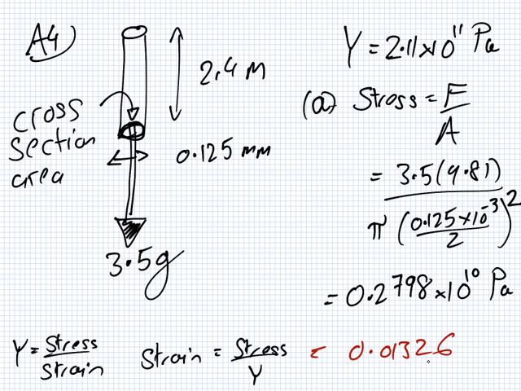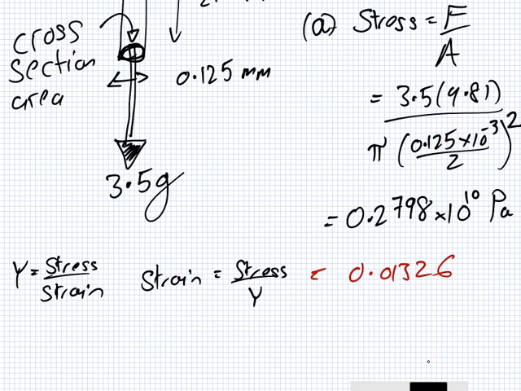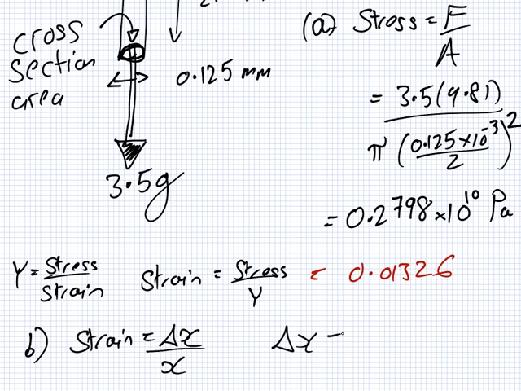No unit for strain. And then the last part is the extension. Strain equals extension over original length. So extension equals strain, which we have, times original length, which we have. So my answer multiplied by 2.4.